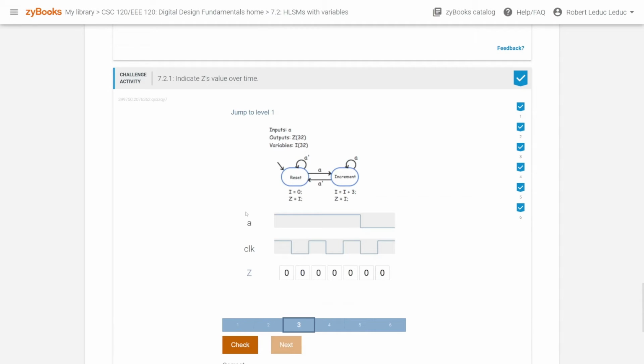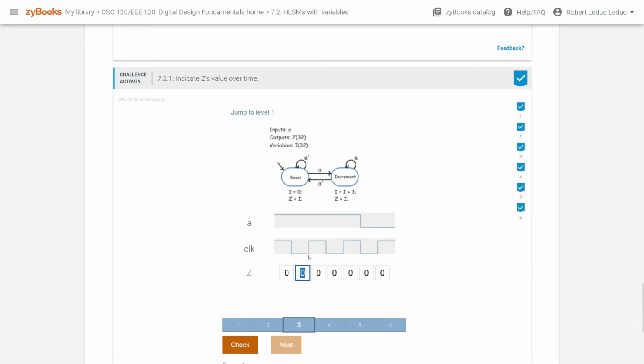So moving on to the next one. Again, pretty much the same high-level state machine. Here, we're going to start in the reset state. Initial value of I is 0, and with Z equals I, the value of our output before the first rising clock edge is 0.